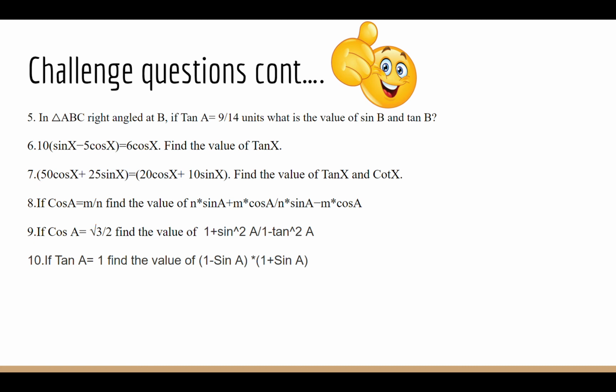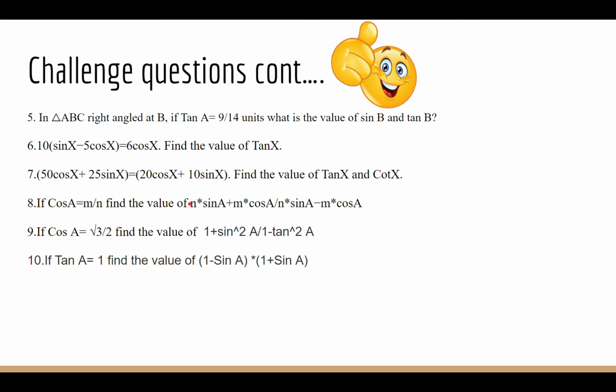So cos A is adjacent over hypotenuse, so the adjacent side to A measures m and the hypotenuse measures n. For question number 8, you have to draw an imaginary triangle and then you just substitute the values.